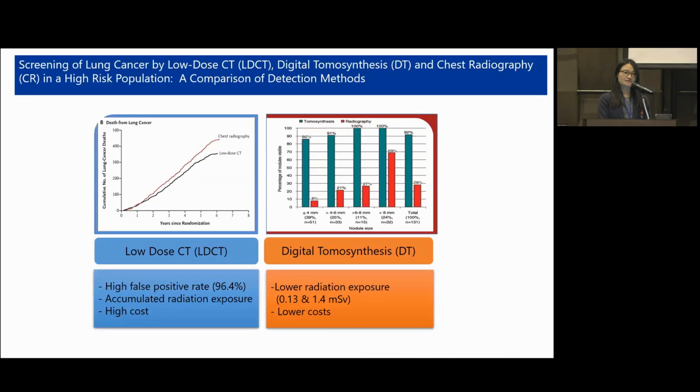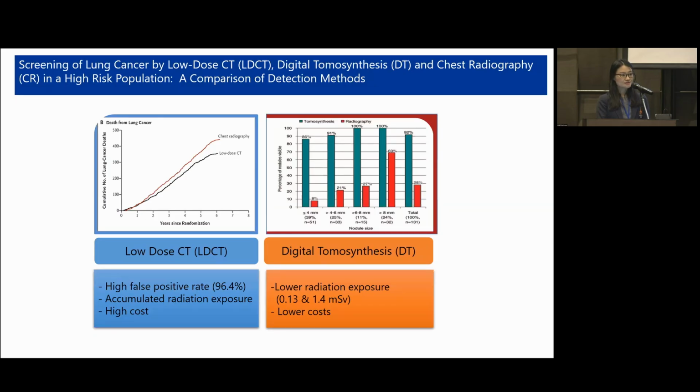As we know, the benefit is reduced lung cancer mortality, but low-dose CT itself has some limitations, like a high false positive rate, 96.4% from the NLST. At that time, we were also concerned about the accumulated radiation dose, the high cost, and the anxiety from positive tests.